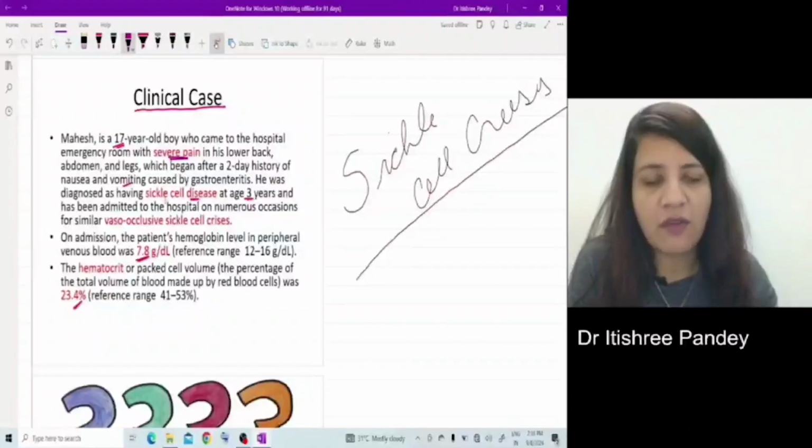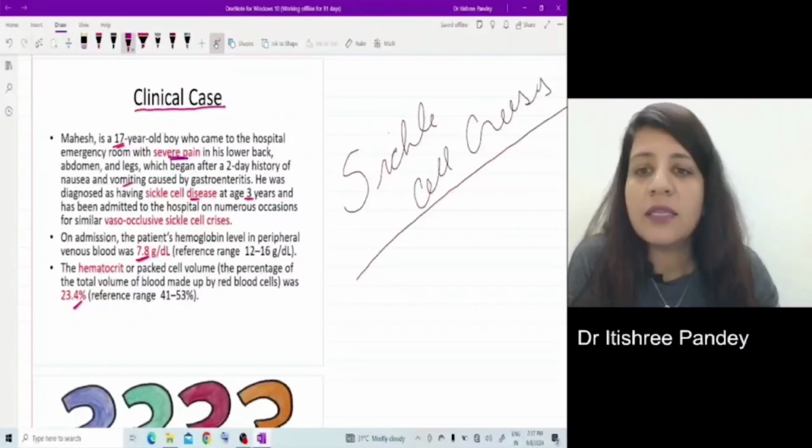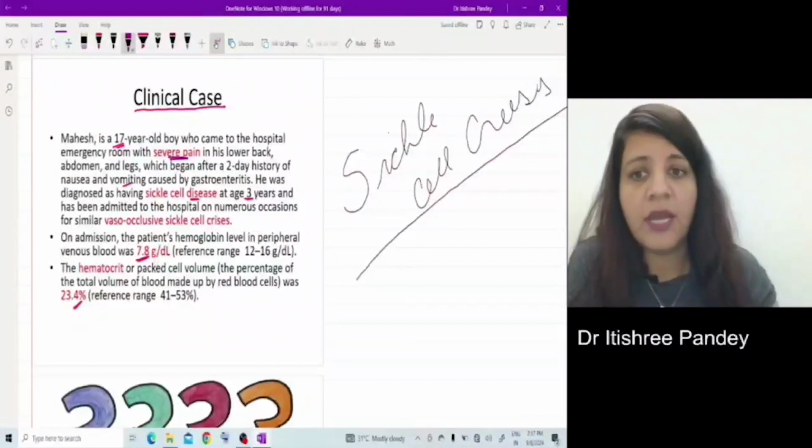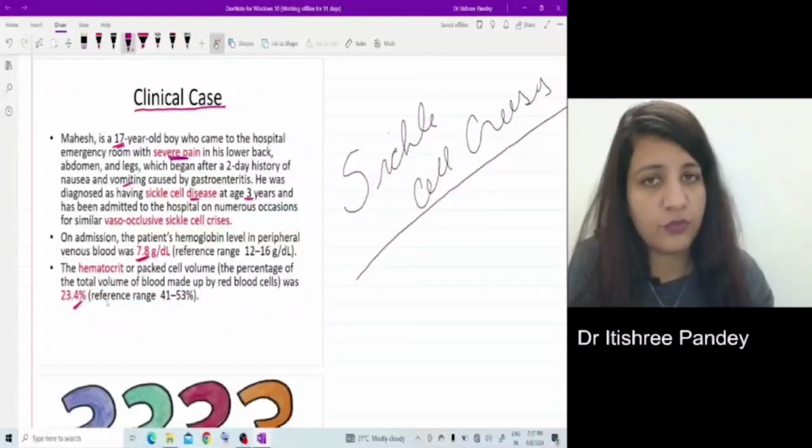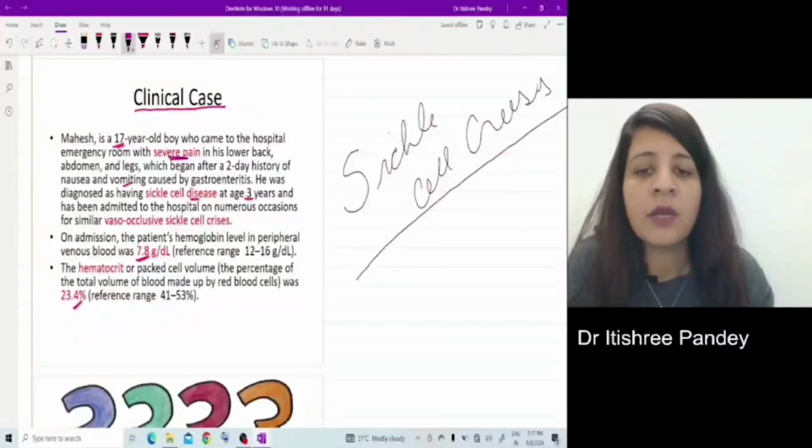He was diagnosed as having sickle cell disease at the age of 3 years and has been admitted to the hospital on numerous occasions for similar vaso-occlusive sickle cell crisis. His blood report said that the hemoglobin was less than normal and the hematocrit was 23.4%, which was again less than normal.